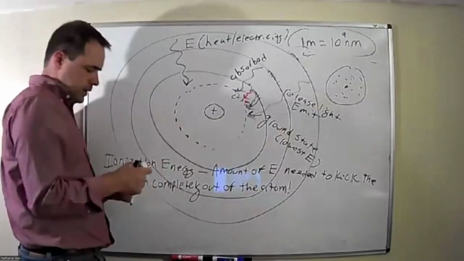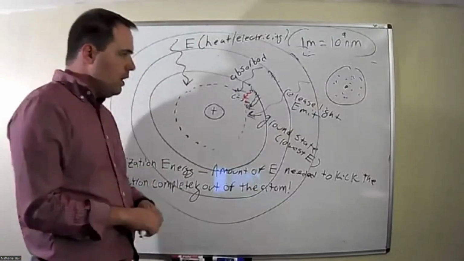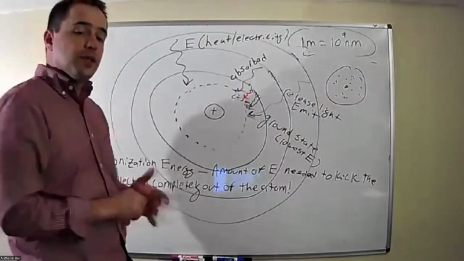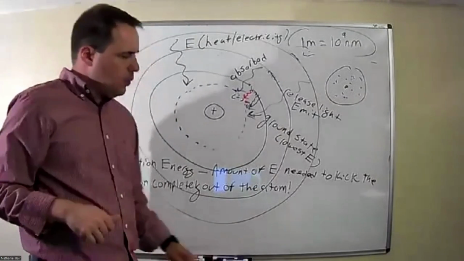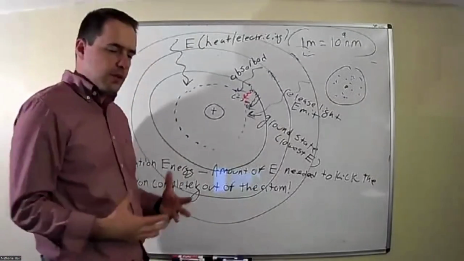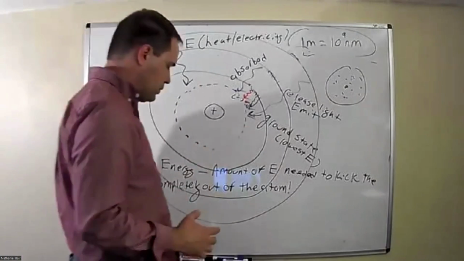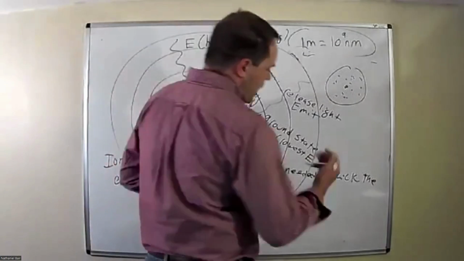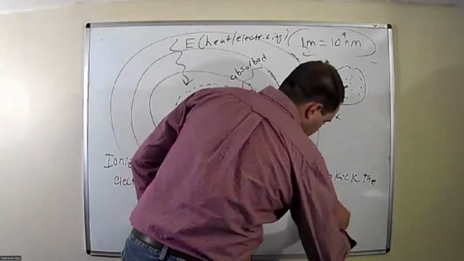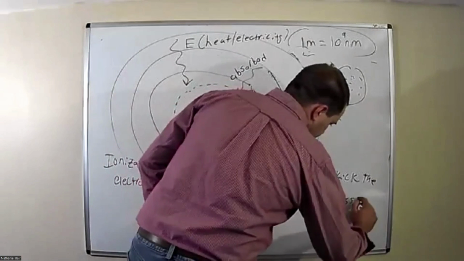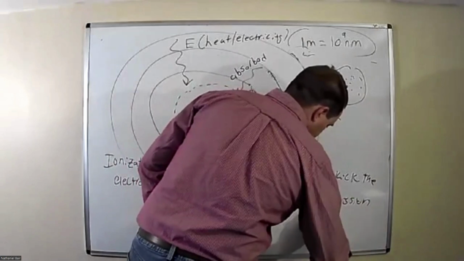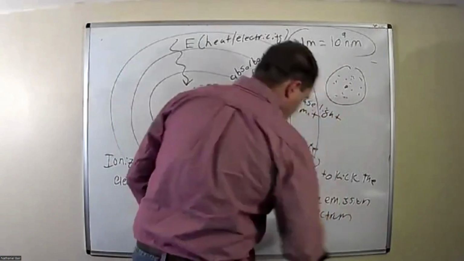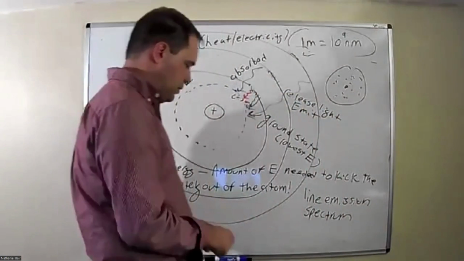And this is how his experiment leads him to believe that orbitals exist. Because when you excite atoms, you do not get a continuous spectrum. You get what's called a line emission spectrum.